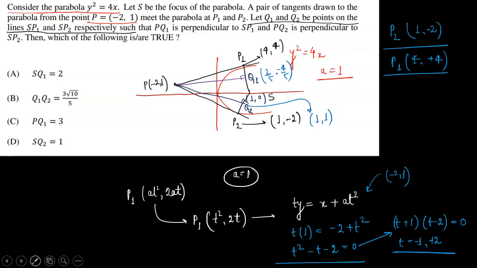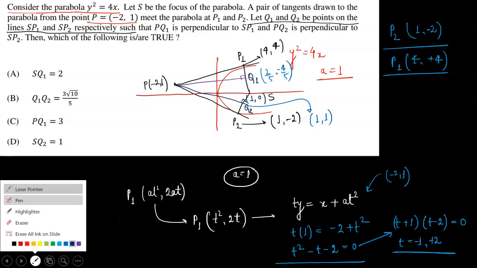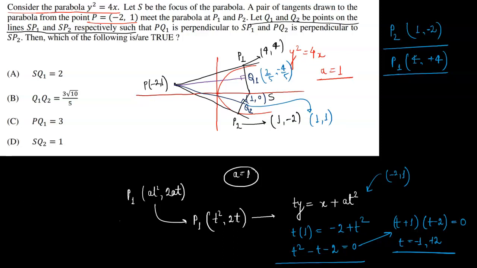Here let us make some calculations. We will assure that SPQ1 and SPQ2 are somewhat like congruent triangles.